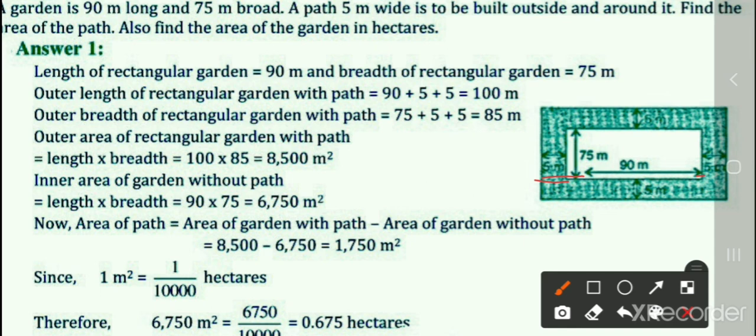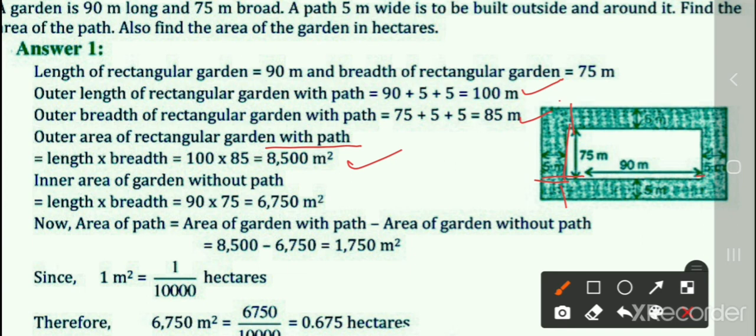Outer breadth of the rectangular garden with path: 75 plus 5 plus 5, it is equal to 85 meter. So area of the rectangular garden with path, that is the outer rectangle. Its length is 100 and breadth is 85. So you are multiplying, you are getting 8500 meter square.